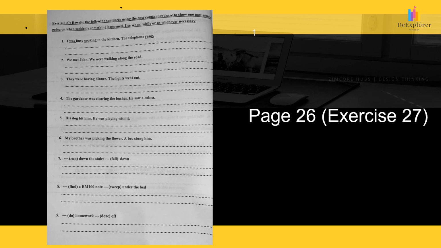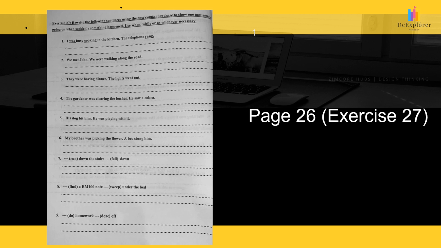Right, exercise 27 asks you to rewrite the following sentences using the past continuous tense to show one action going on when suddenly something happened. Okay, so the action going on 就是正在发生的呢 you need to write was were, you need to use was were plus the ing. Okay, can you use your pencil and write?